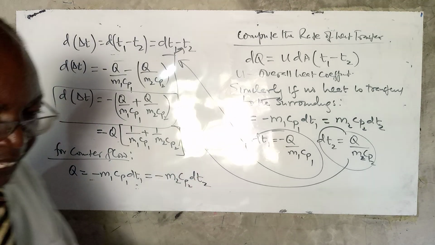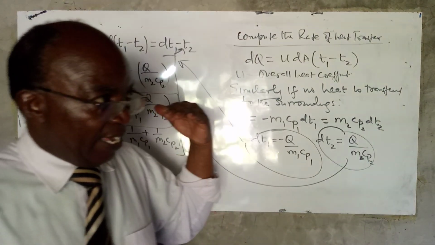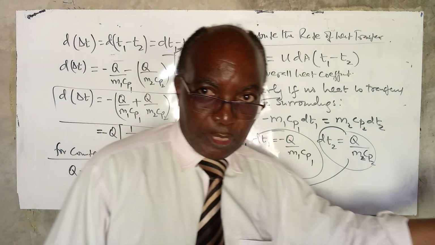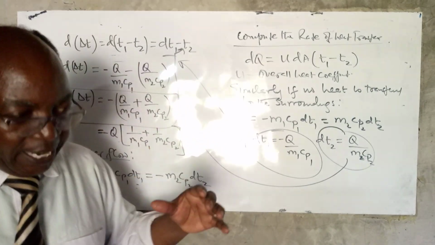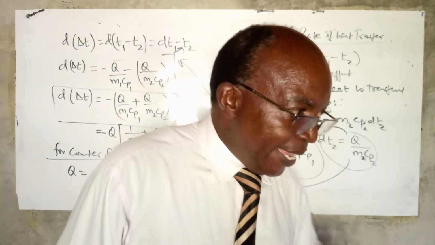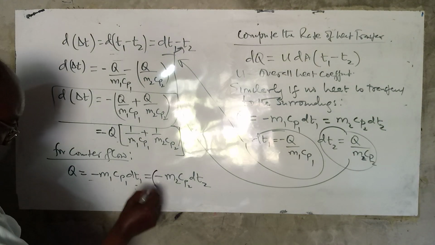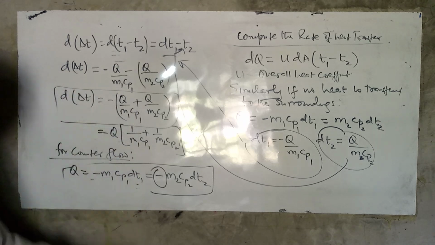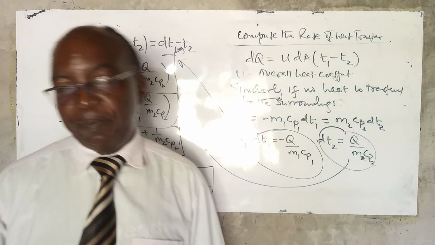Remember, we said that in the case of the counterflow, as the fluid which was at the higher temperature flows, as the heat exchange area increases, its temperature drops, it cools. And similarly, we saw that for the fluid at the lower temperature, in the case of the counterflow, the temperature drops with the heat exchange area. And that is why we have that minus sign at that particular point. And then again, now the same process is applied there, and you have the expression for the counterflow. Let's stop at that point. We'll pick up next time.